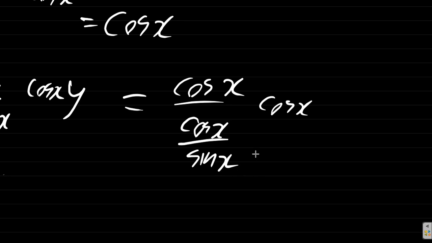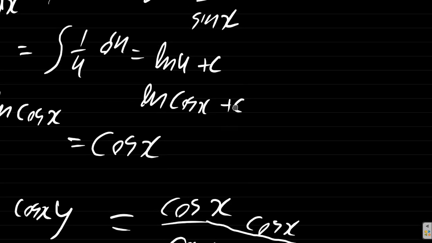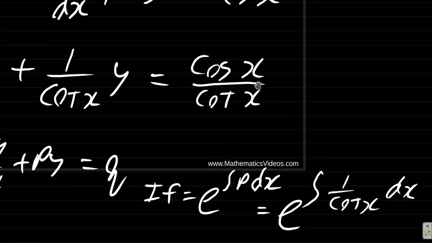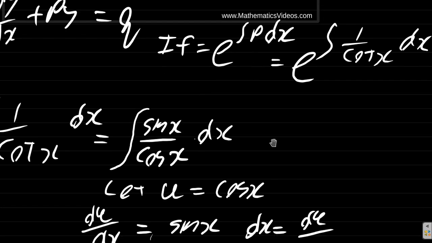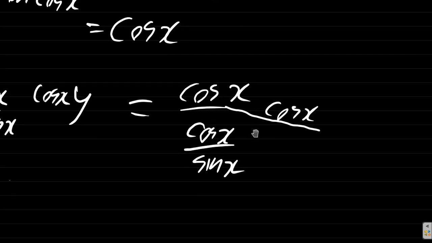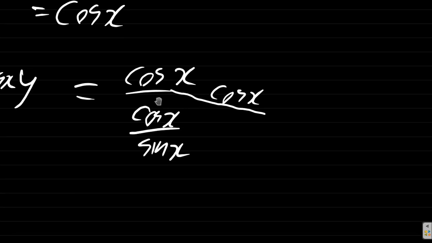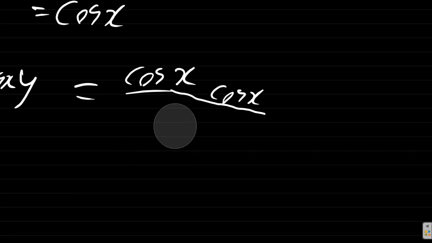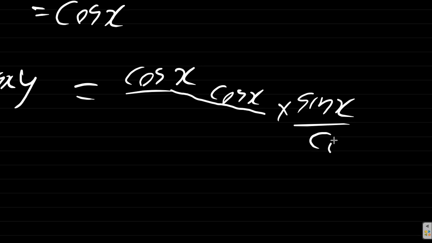Now, here, if we have all of this divided by, remember, this was cos over cot, and we multiply by cos. That's how we get this. If we have all of this divided by cos over sine, it's like we're multiplying by sine over cos. So let's say this times sine x over cos x.